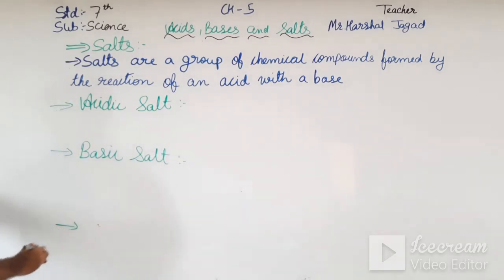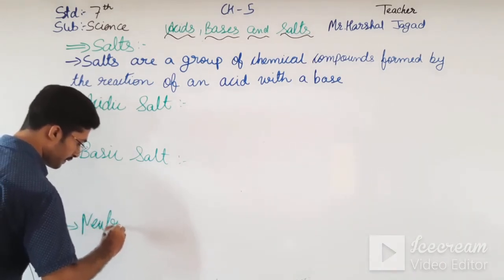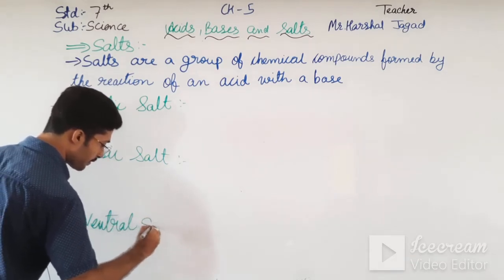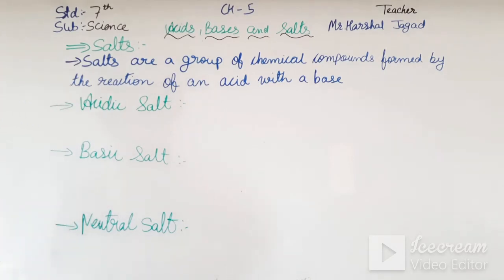And third one, that is neutral salt. Okay students, first of all we will see what is acidic salt, then we will see basic, and then neutral. Okay students, let us see that.